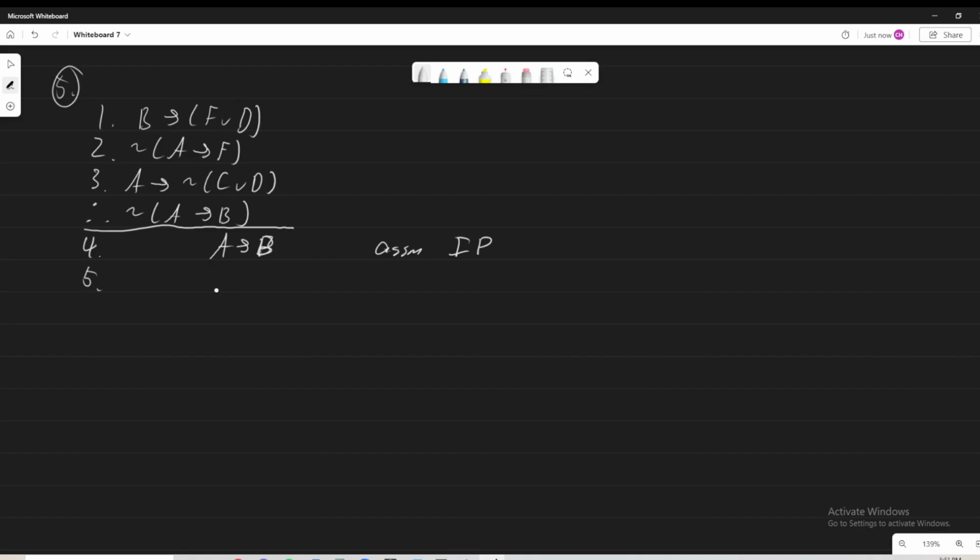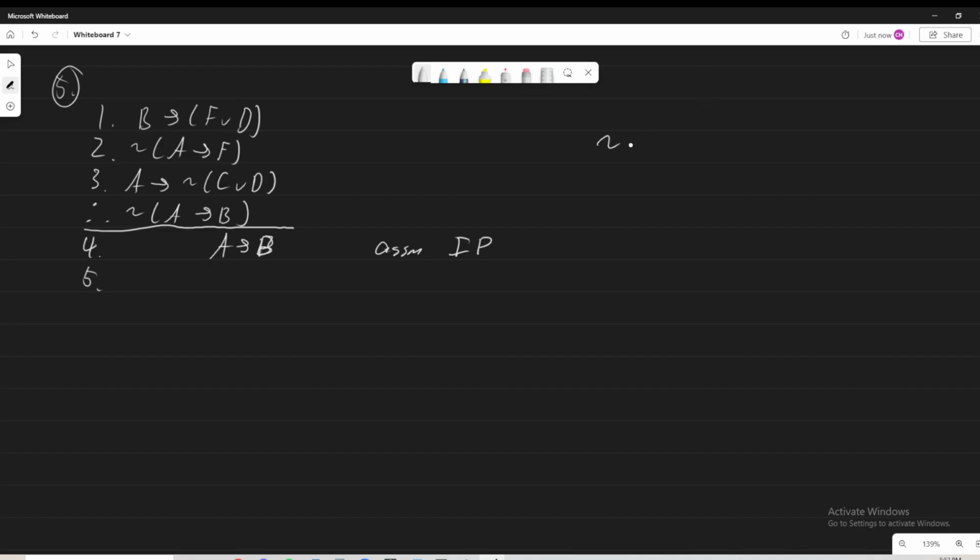The first thing I see is line 2. Line 2 is a conditional, but it's a negated conditional, which means if we use material implication to turn that conditional into a disjunction, that'll give us a negated disjunction, which we'll then be able to use De Morgan's on to turn into a positive conjunction. That had a lot of thinking ahead involved, so let me break it down here on the side.